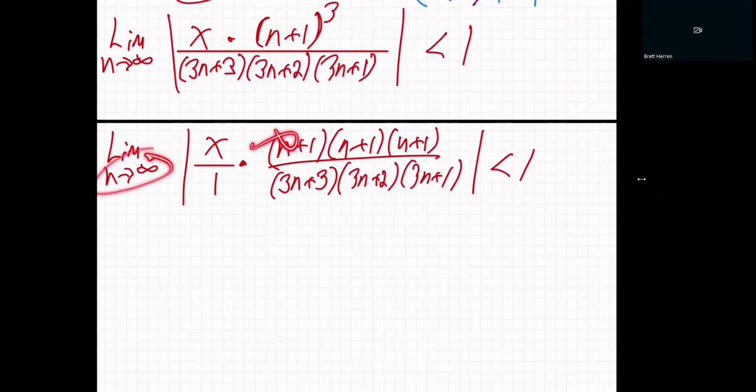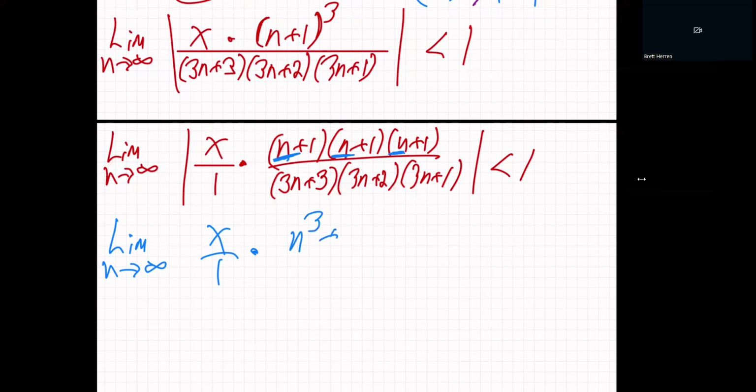N's going to infinity. So I'm going to plug in infinity in all those n spots, right? What matters when you have a fraction and you're going to infinity? Only the most powerful term on the top and the bottom. Remember that from limit stuff we've done before? So this is x over 1 times, really I'm just going to multiply together the most powerful term on the top.